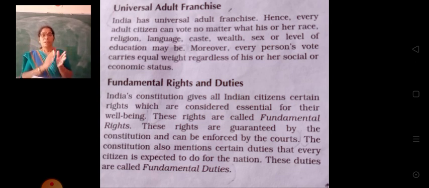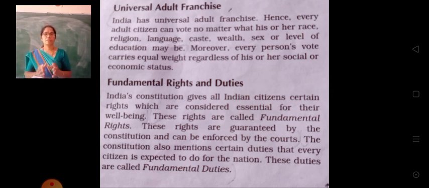The constitution mentions some duties also. The constitution mentions certain duties that every citizen is expected to do for the nation, and such duties are called fundamental duties.